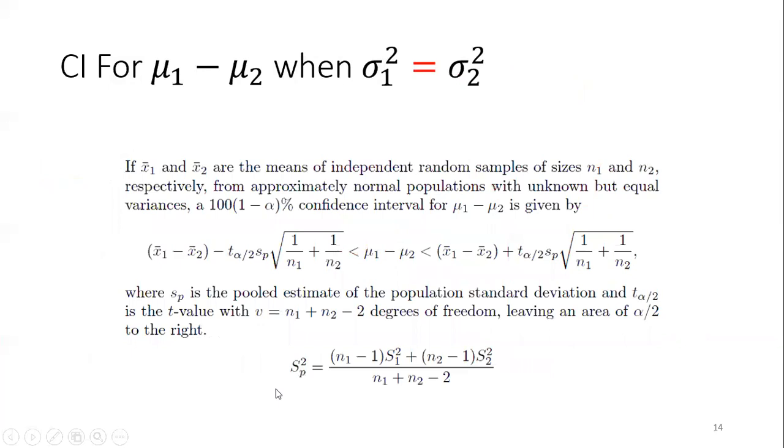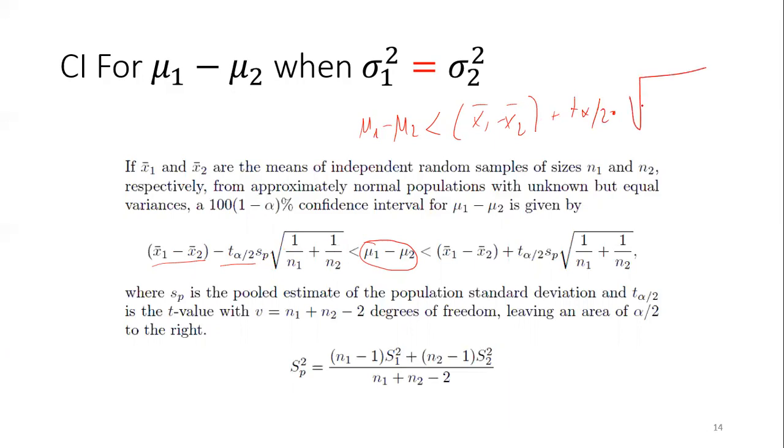And this is the confidence interval. So mu1 minus mu2 is between, again, x1 bar minus x2 bar minus t alpha over 2 times sp times the square root of 1 over n1 plus 1 over n2, and I will just write the right part, x1 bar minus x2 bar plus t alpha over 2 times the same.